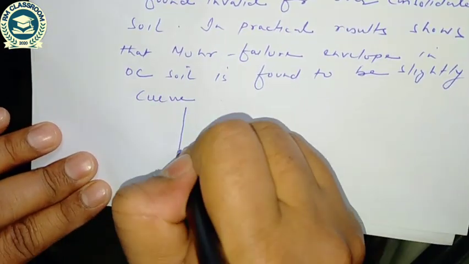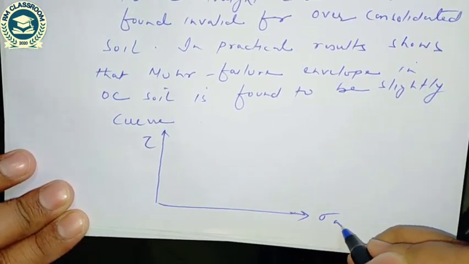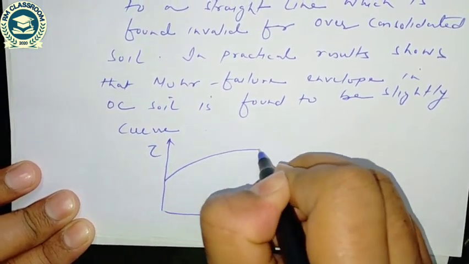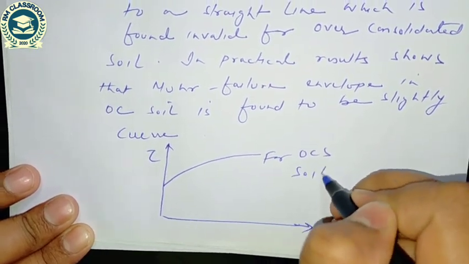So if I draw for OC soil the Mohr-Coulomb envelope, this is the normal stress, it looks like that for over-consolidated soil.